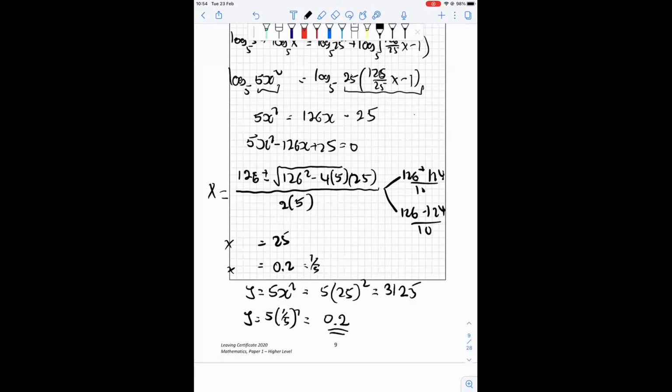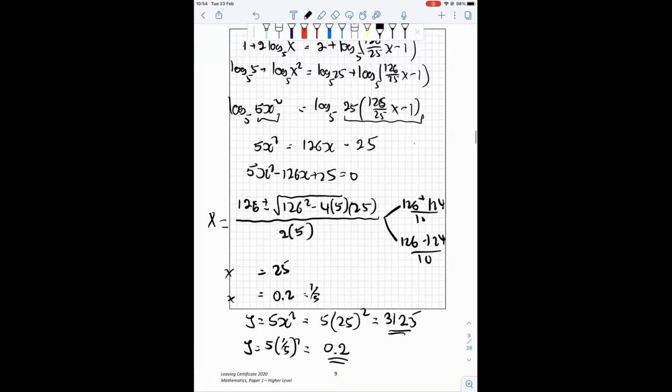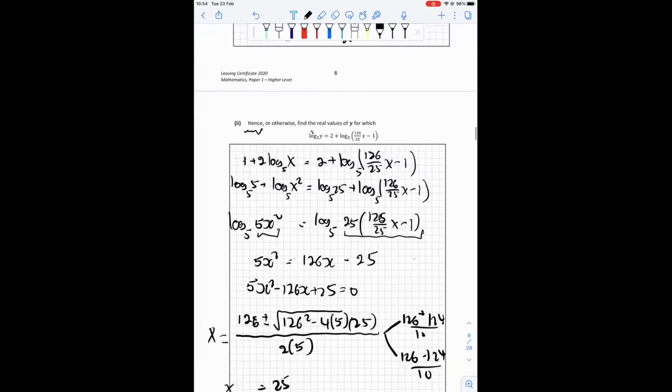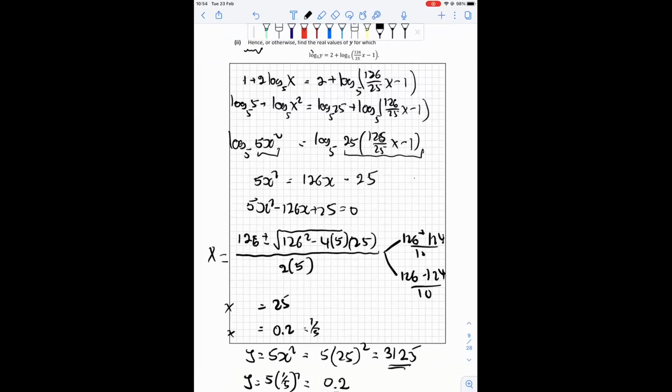So these are the two values of y. Go back to our question just to see that these values are logical, and we put them in here, and we see, first of all, log y positive, no problem. 3125 is positive and 0.2 is positive. So these are the answers. The question says real values. They are real values. Values is plural. We got 2 answers. So we're happy with our result.